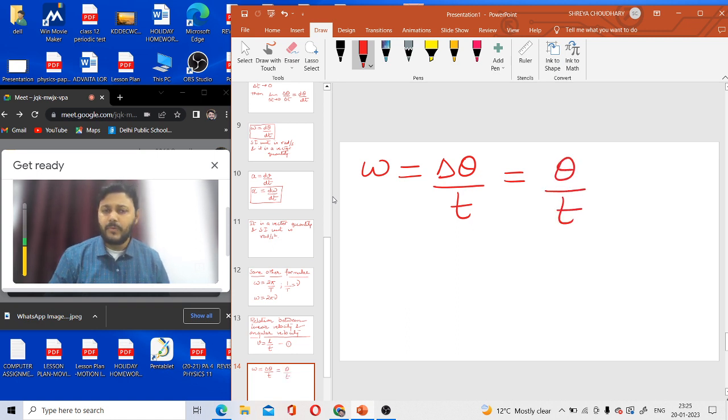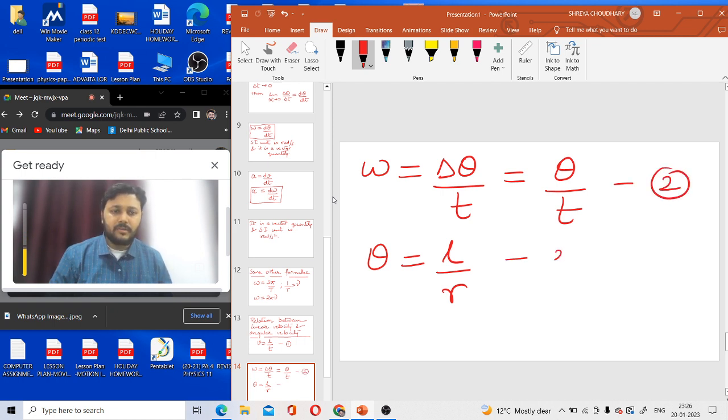Okay, this theta is your angle. So the formula of angle is L upon R, isn't it? The value of angle is equal to L upon R. Let us mark it as equation number 2. This is your equation number 3, and the previous equation we have already marked equation number 1.